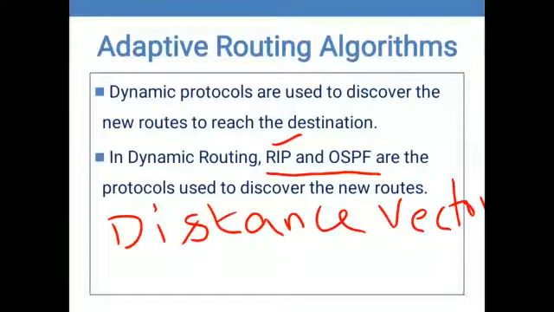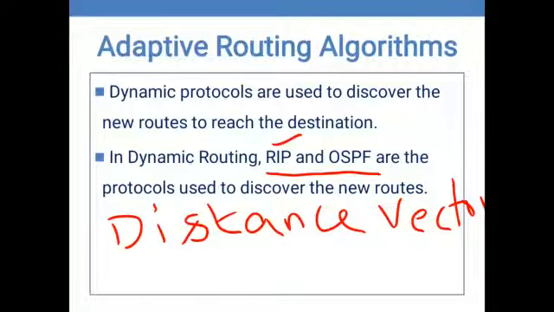In that distance vector algorithm, we need to maintain the routing information, which is used to discover the new routes to reach the destination. New routes means those new routes are better compared with the existing routes. And another one is called OSPF. What is this OSPF?